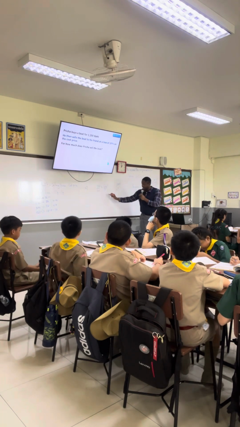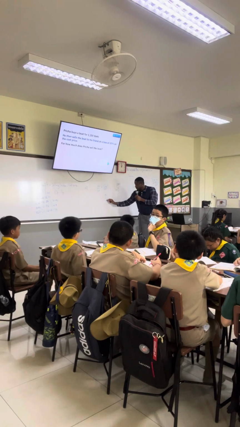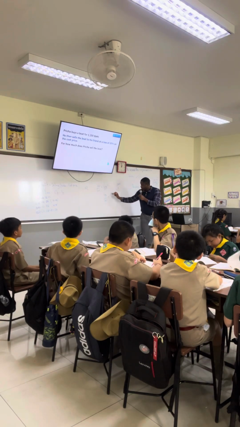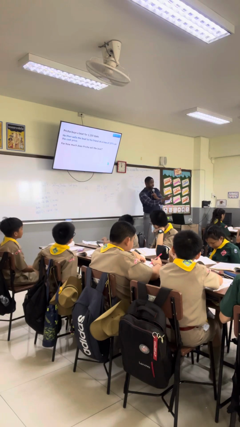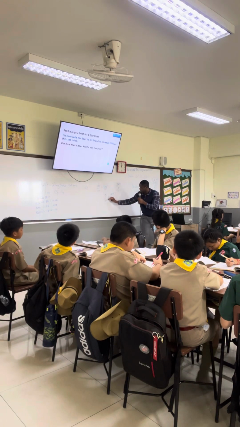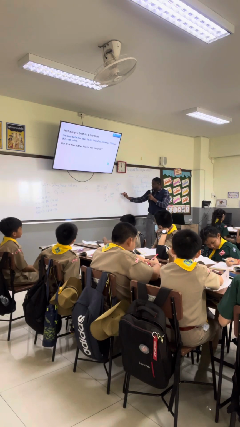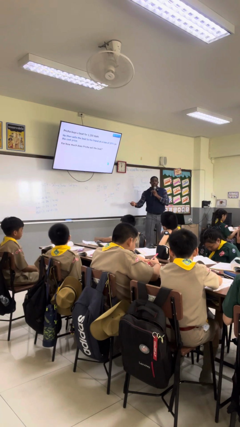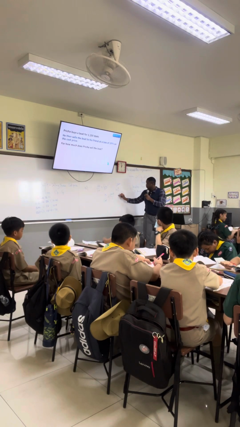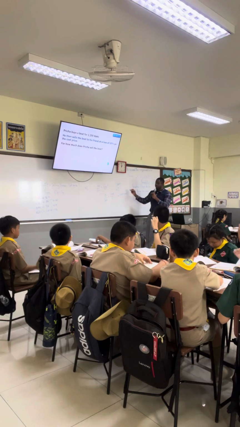So it would be 90 over 100 times 1,200 over 1, right? Two zeros can cut two zeros. So we have 90 times 12, that would be it, right? So 90 times 12 is what? 1,080 baht. Let us see if we're correct.